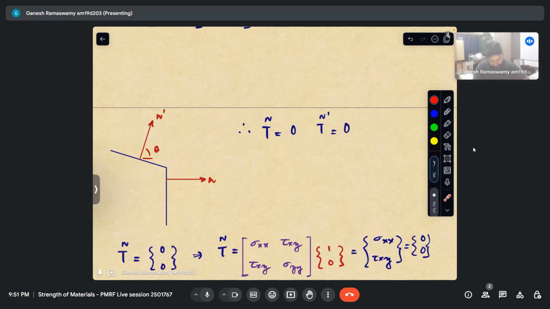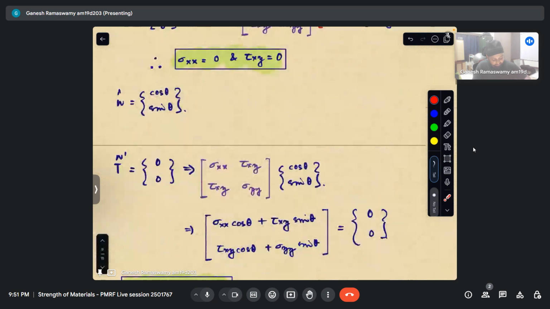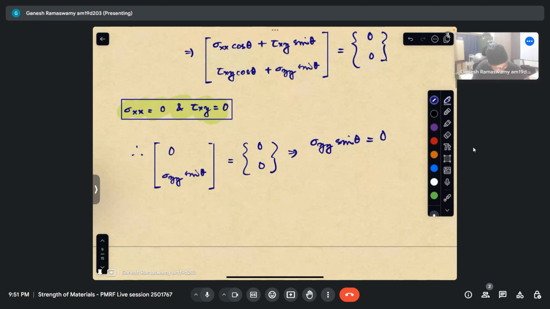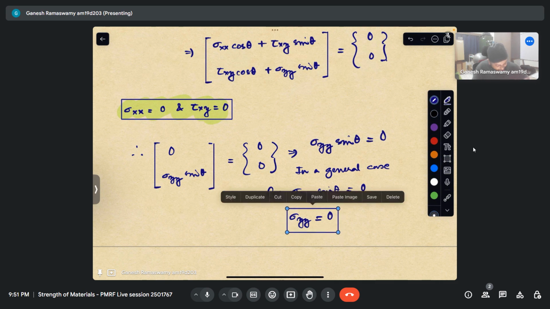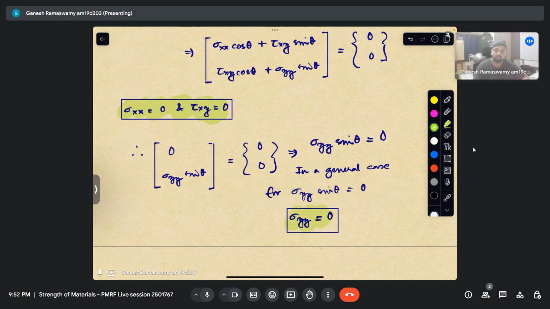But in our case, clearly we have taken a theta which is non-zero. So in the most general case, for sigma yy sin theta to be equal to 0, sigma yy has to be equal to 0. So this also shows that all my stress tensor components come out to be 0 on a free outward corner.